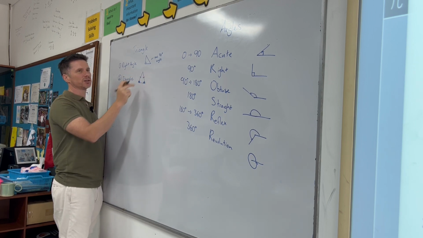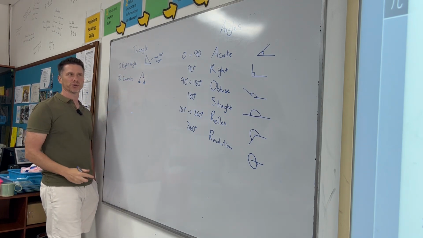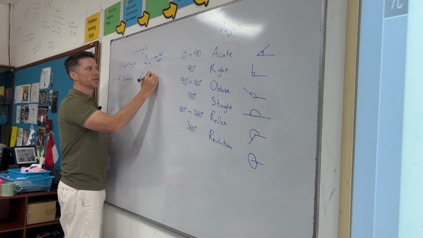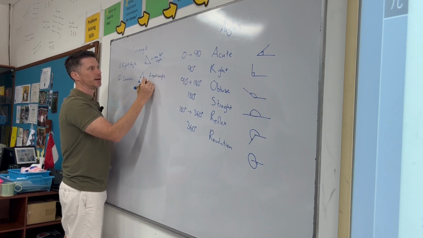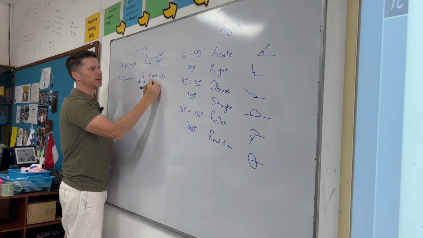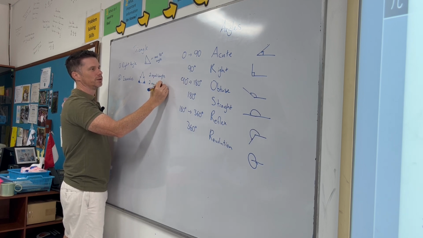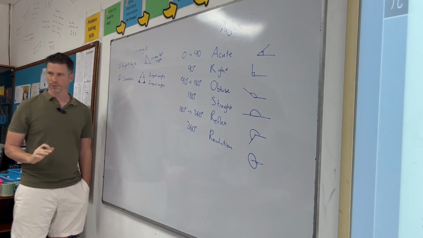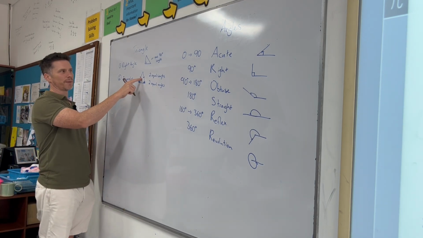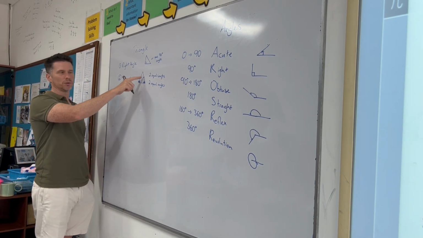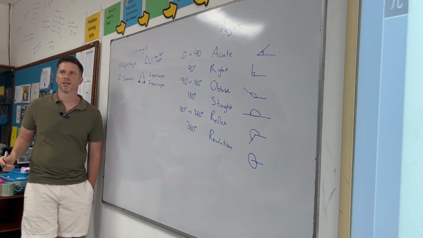These 2 sides are equal in length and these 2 angles are equal. So 2 equal lengths and 2 equal angles. Now notice that this third angle is not equal. The angle that's sandwiched between the 2 is not equal. These 2 at the bottom are equal.